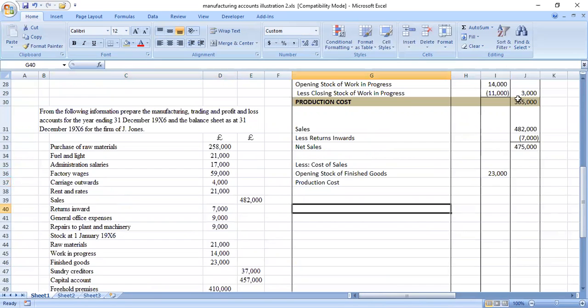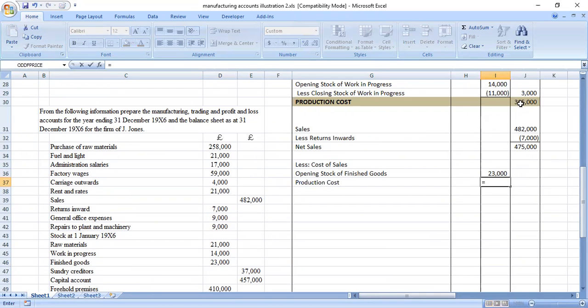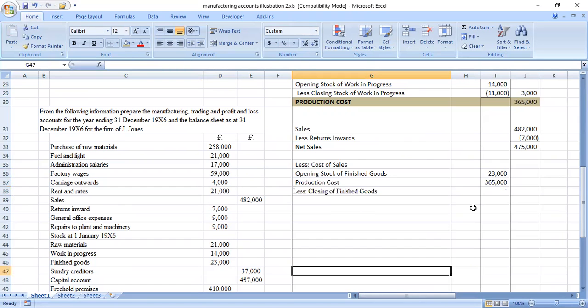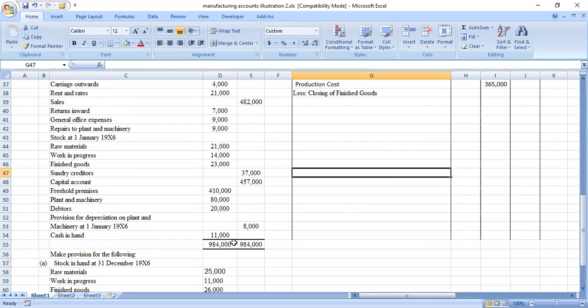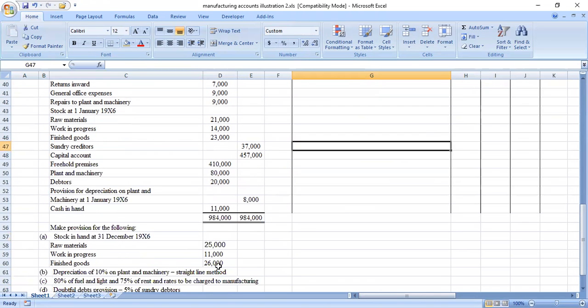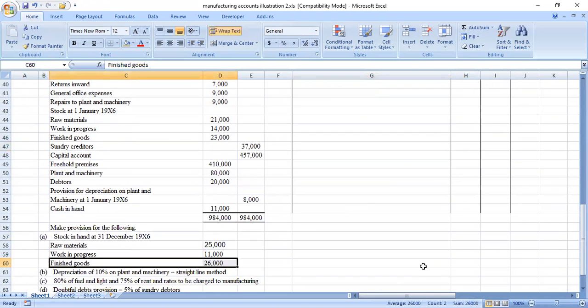The production cost tumepata hapa juu ni 365,000. Sawa sawa? Less closing stock of finished goods. Sawa sawa? And the closing stock of finished goods is equal to 26,000. Hiyo unaiona?